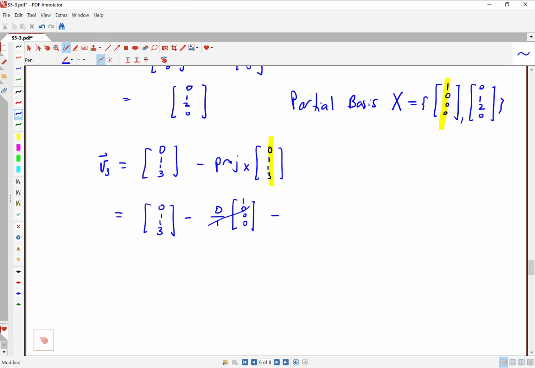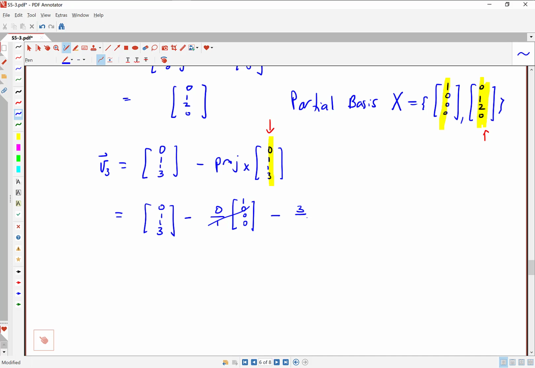We can ignore that. And then moving on to our second basis vector, here it is, the 0, 1, 2, 0. So doing the dot product of this guy with this guy gives 3. And then everything else is about this vector over here that we're going to be projecting onto.